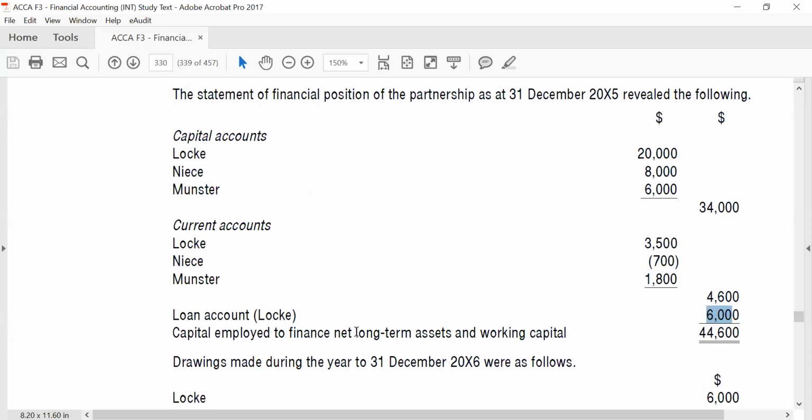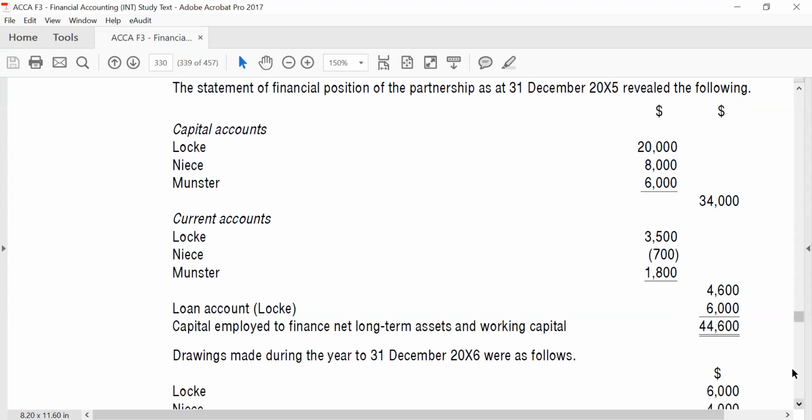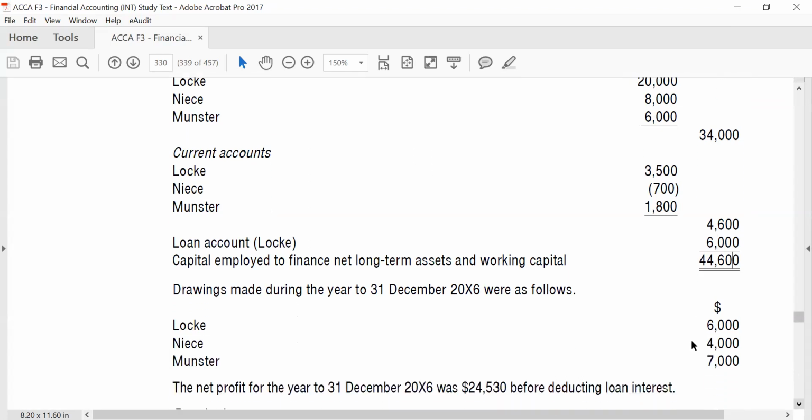So capital employed to finance long-term assets, they're just trying to add these values, adding equity plus long-term liabilities. Then they also come down here and tell us that drawings that were made during the year to 31st December 2016 were as follows. So we have 6,000, we have 4,000, and we have 7,000.